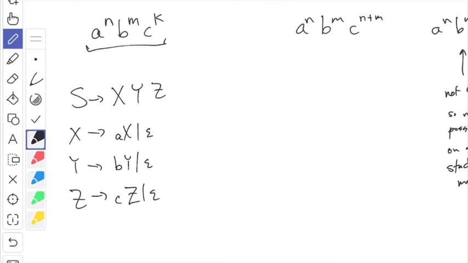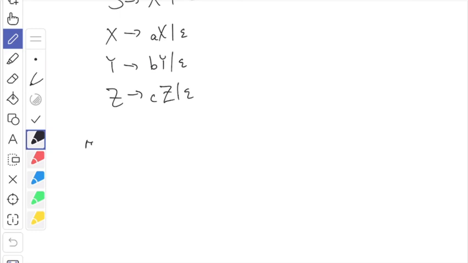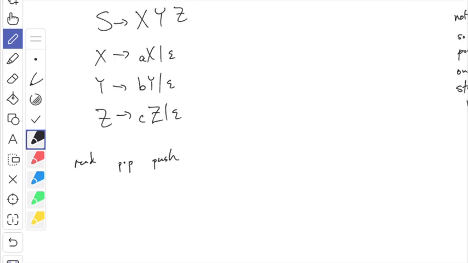And then this you can turn into a stack machine in the way we did before. So read, pop, push. It would go epsilon S, XYZ, epsilon X, aX, epsilon X, epsilon, and so on, right?